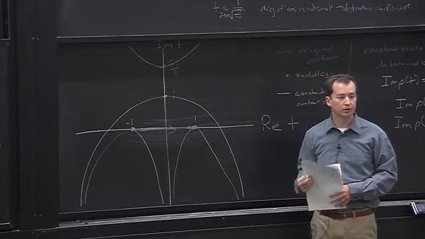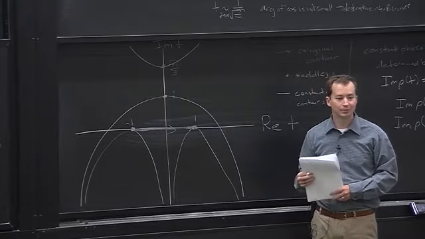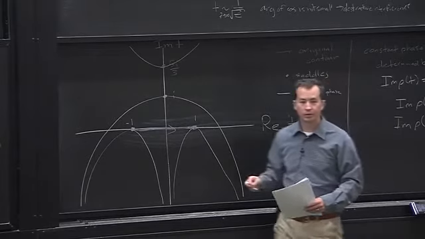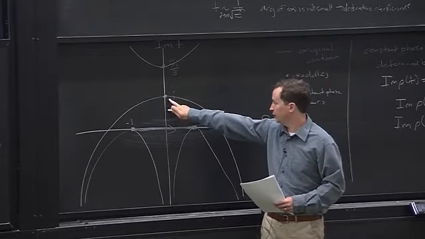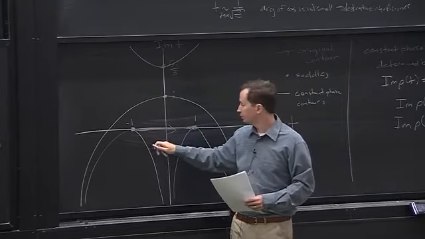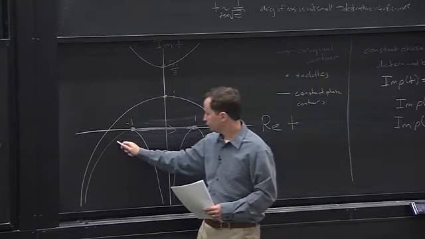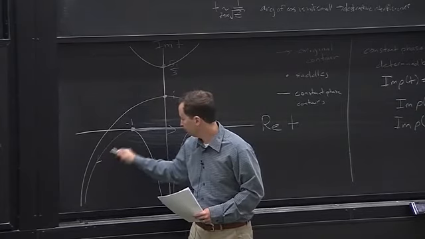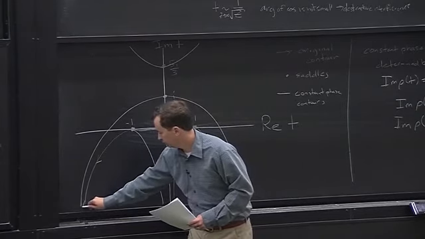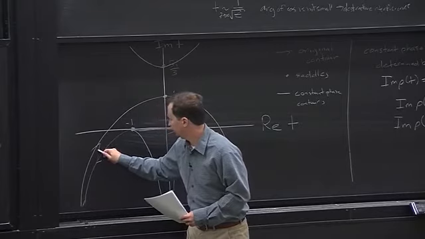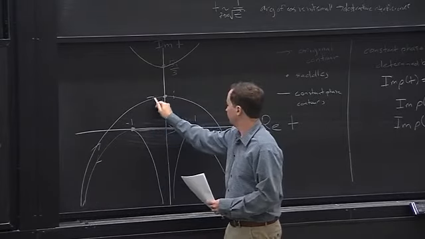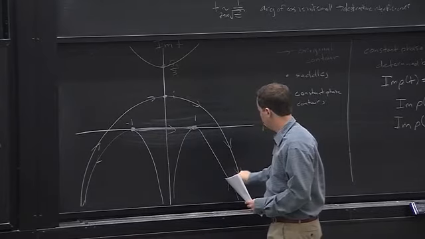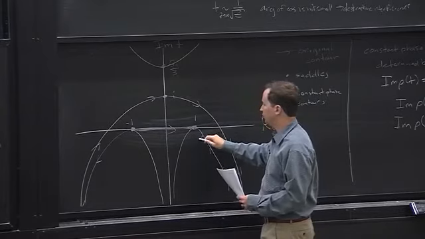And which contour is that? Someone says I. So we want to go through I, and why is that? So we can go around here, come back, infinity over here, go through I, and then come back over here.